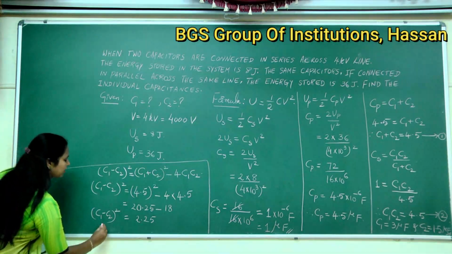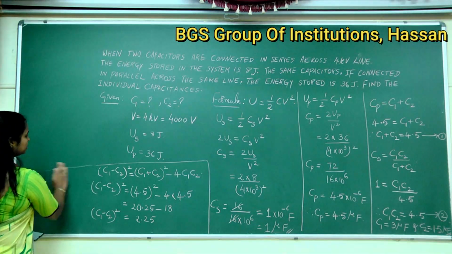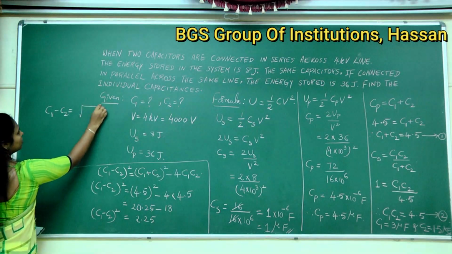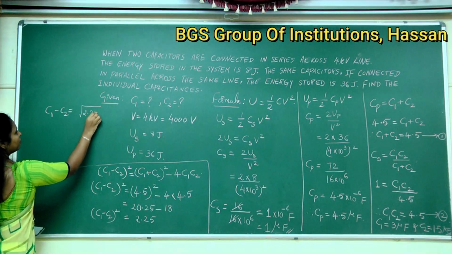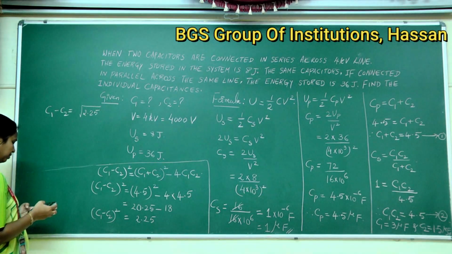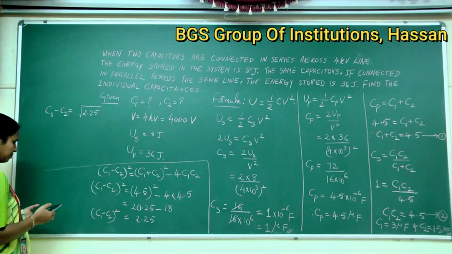Now in order to get C1 minus C2 is equal to square root of 2.25. So take the square root of 2.25.